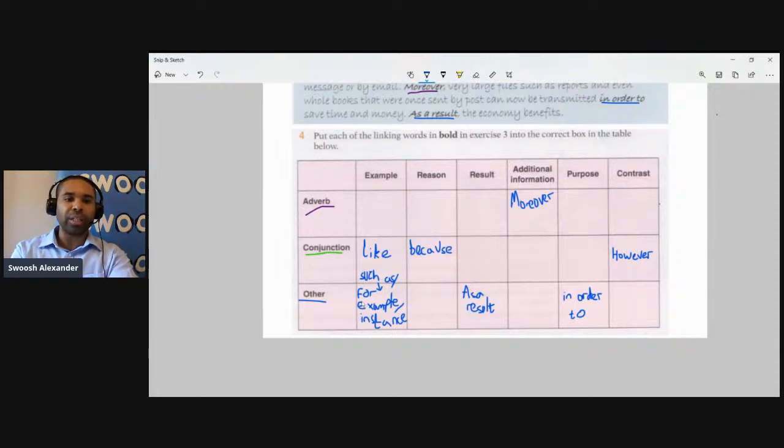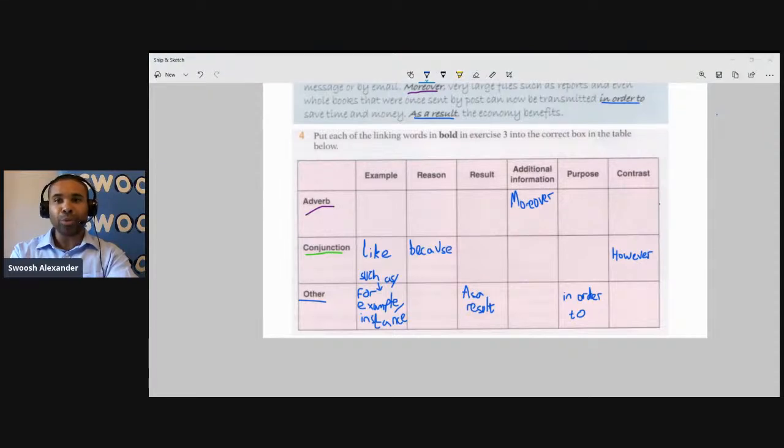We've got lots of linkers to talk about examples. Remember that in writing, if you use like, that's a little bit informal, while such as, for example, for instance, are more formal versions. Like is used very commonly in speaking, but you have some linkers that you can use here for lots of different purposes. So try to incorporate these into your writing.